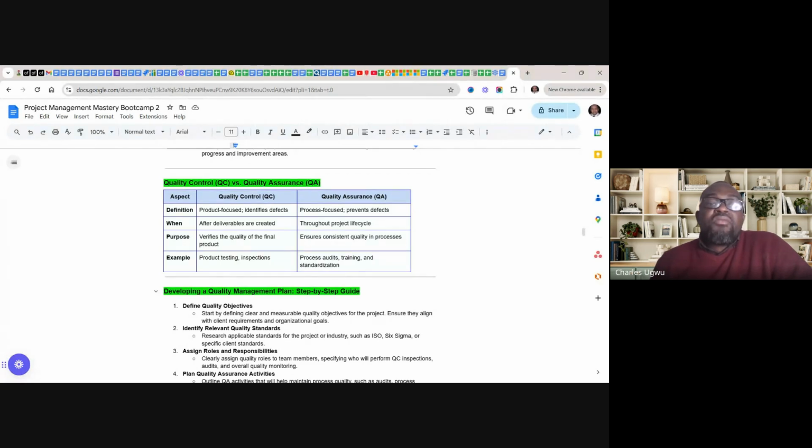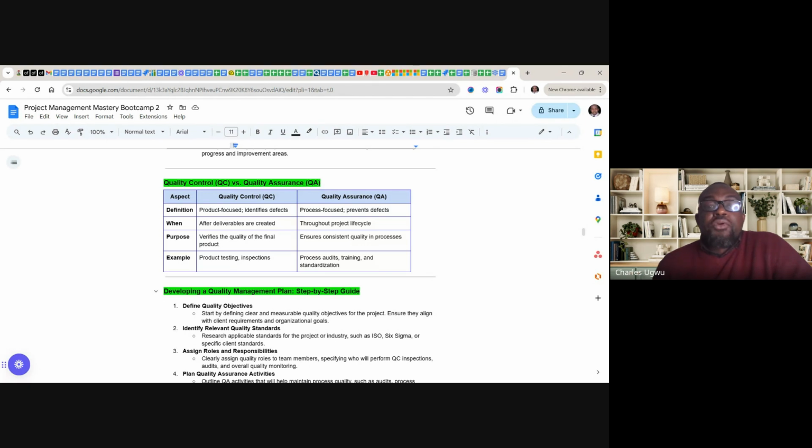Quality control versus quality assurance. I want you to understand these two very well. Number one is quality control. Quality control is product focused. You try to identify defects in a product, such as software.